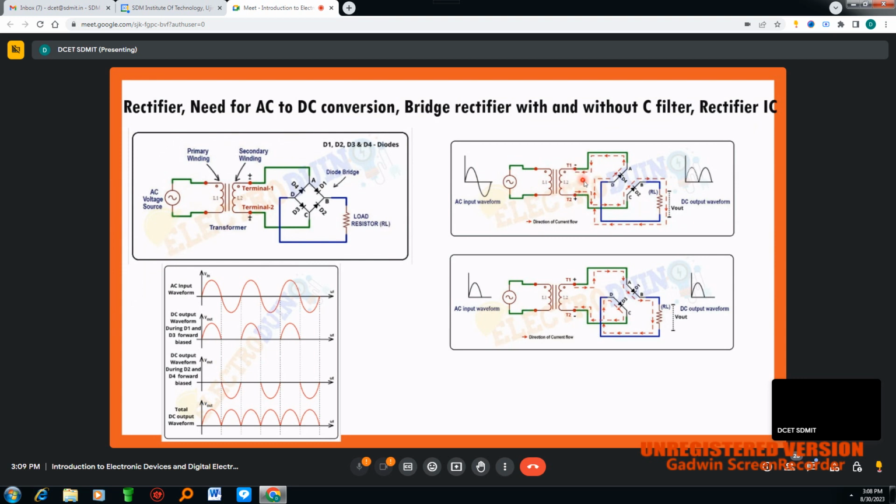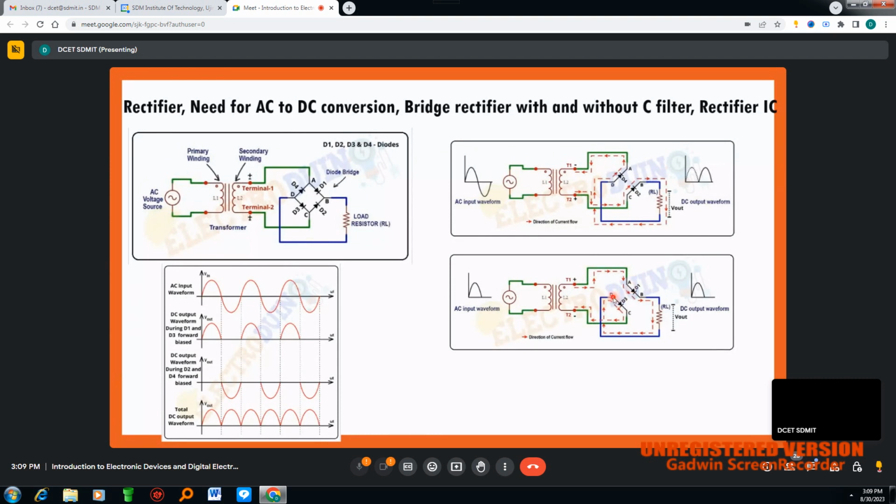Once the voltage is reduced, now in the first case, when I give a positive cycle, this is a positive cycle. This terminal acts as plus, and this terminal acts as negative. Then for the D1 diode, you can observe the positive of the D1 diode is connected to positive, that means this is forward bias.